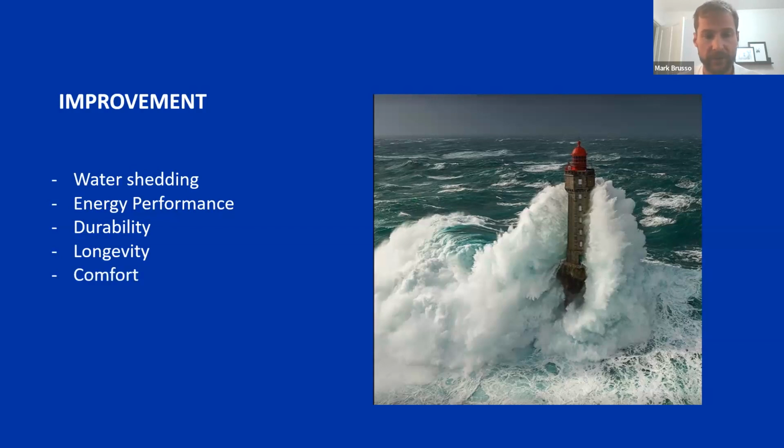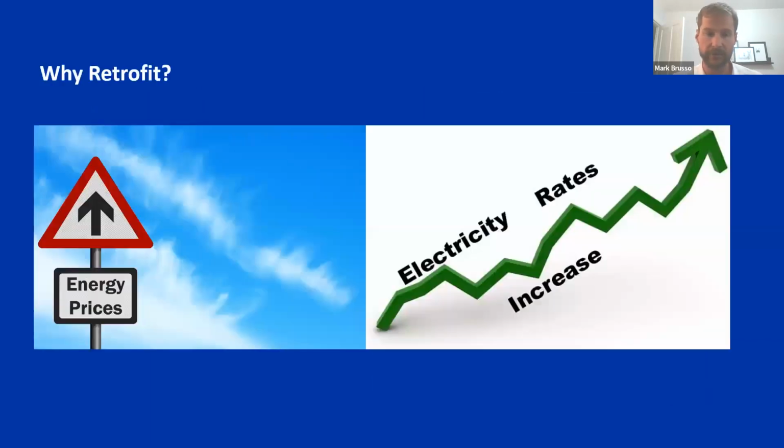Improving the building envelope is also involved in an increase in comfort. It's involved in also aesthetically keeping the building appealing to the eye. We're also going to discuss operating costs, how the improvement of the building envelope will act to lower those. And why really are we retrofitting these structures in the big picture?